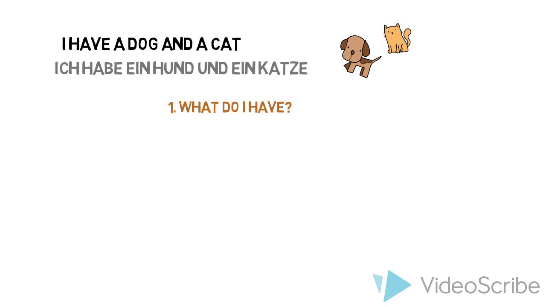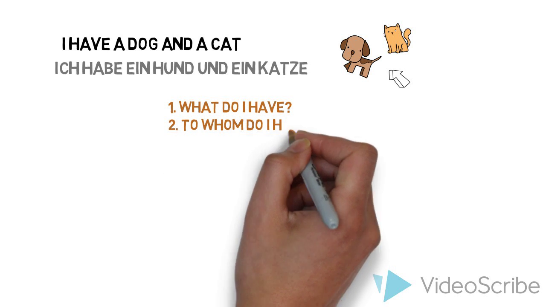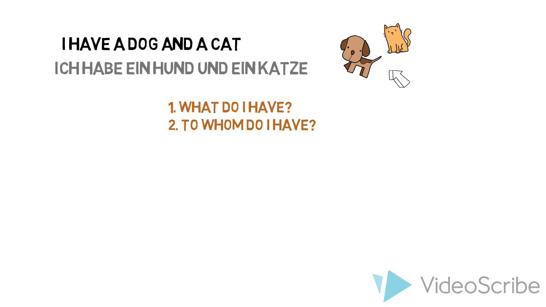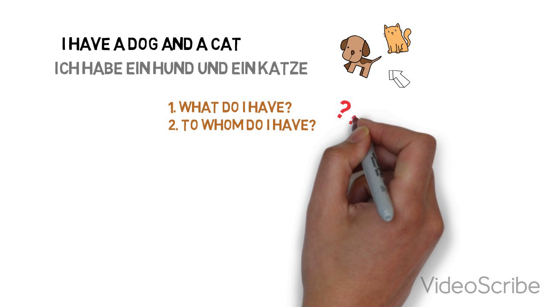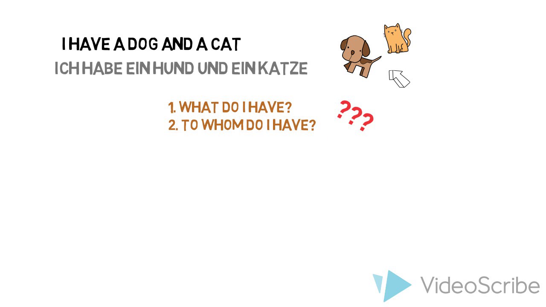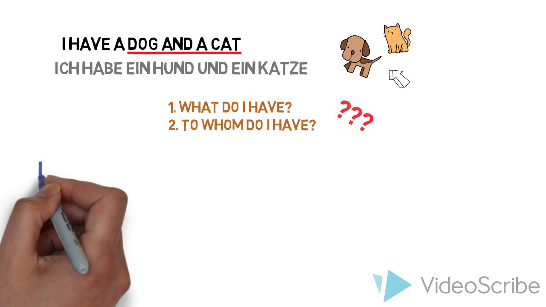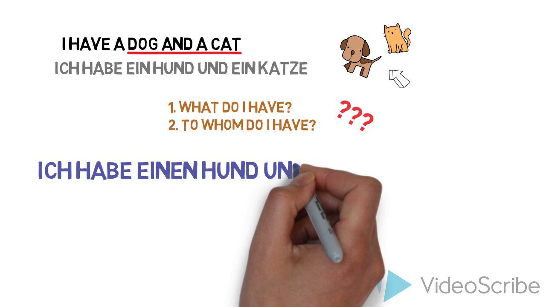What do I have? I have a dog and a cat. Whom or to whom do I have? Well, in this case the question doesn't even make sense, because there's nothing that can answer that question. This means the whole a dog and a cat gets declined in accusative and there's nothing to decline in dative. So we get Ich habe einen Hund und eine Katze.